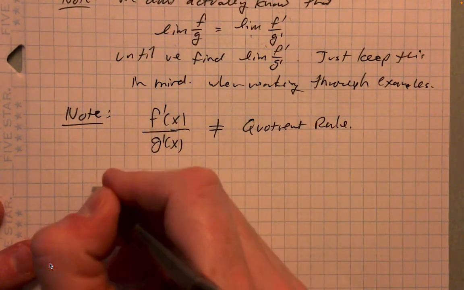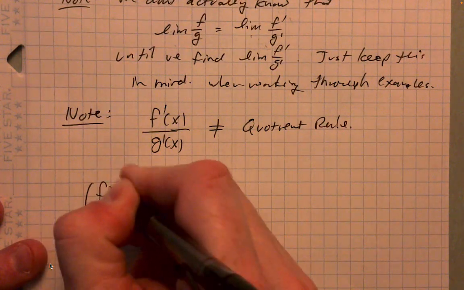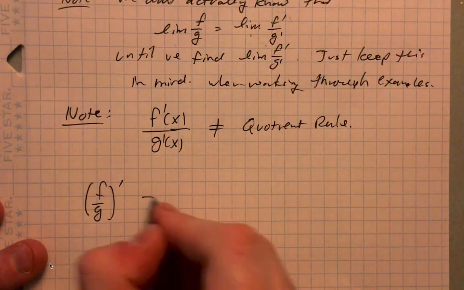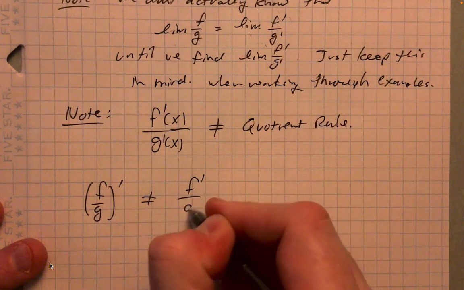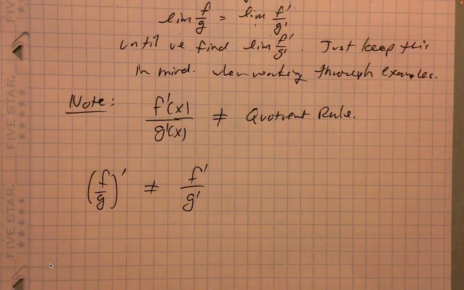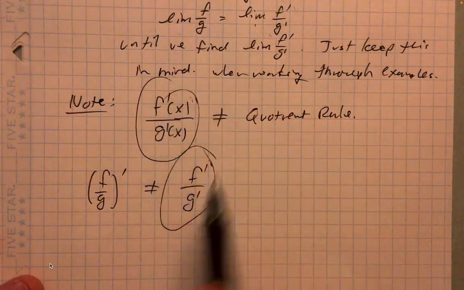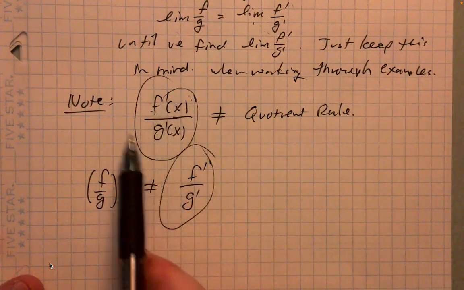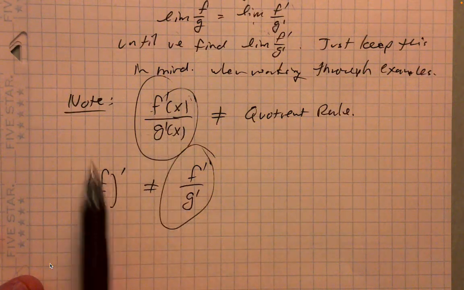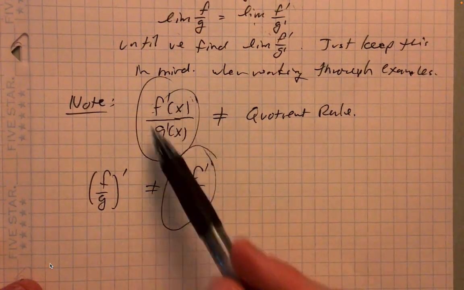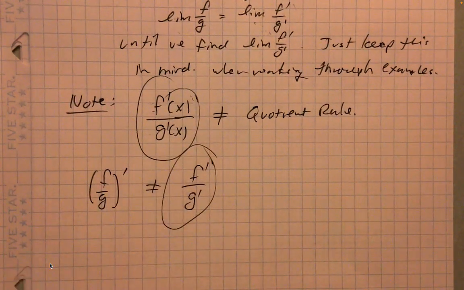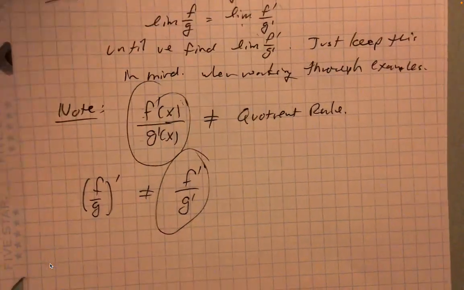The quotient rule is this, and that is not the same thing as this. This is simpler: you just take the derivative of f, and take the derivative of g. The quotient rule means take the derivative of the ratio of the two. Here we're treating them separately; there we're treating them together. So that's a common mistake I see people making with L'Hopital's rule.